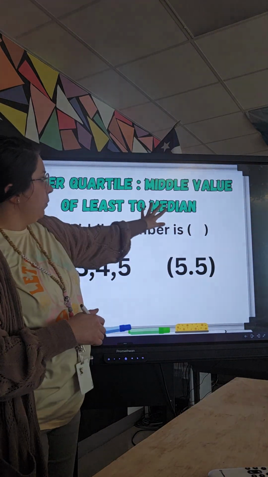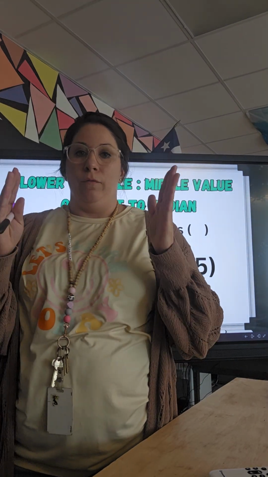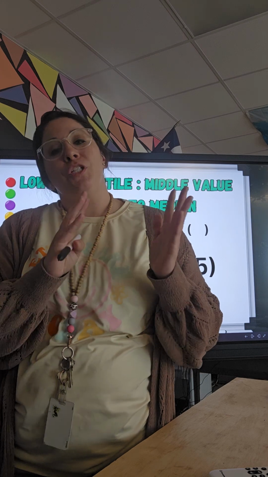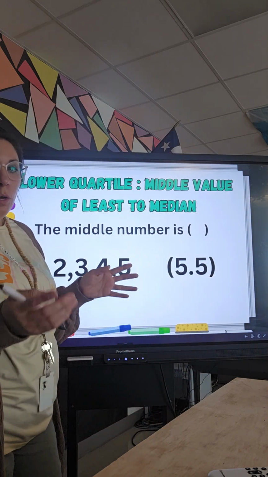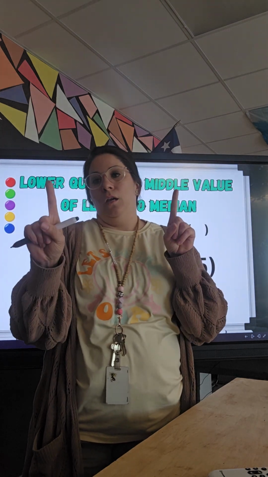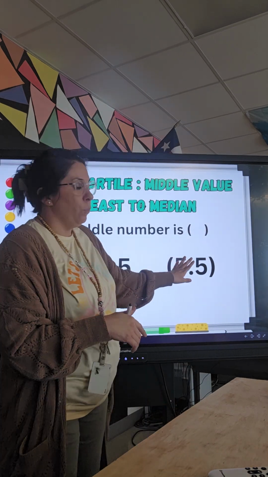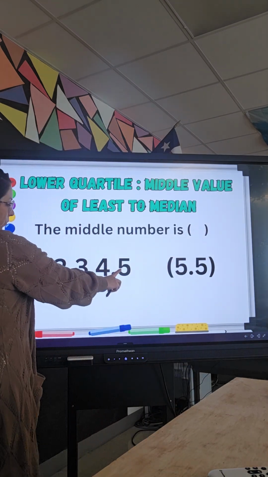So now that we have our numbers, we're going to find our lower quartile, the group of numbers at the very bottom, which is our least amount. So again, we're going to use our finger method, and we're going to group the number from the very end of our equation and then the number at the very beginning. So we have our 5.5. So we have our 5 and our 1.